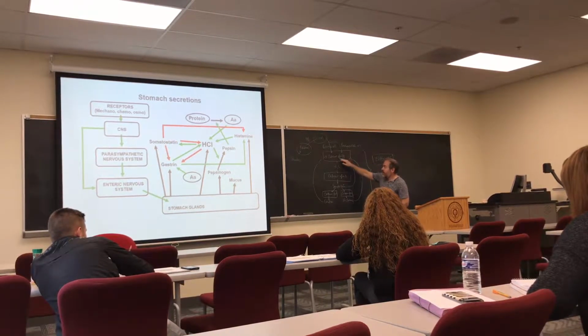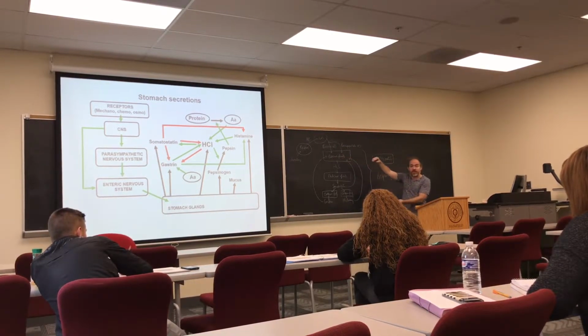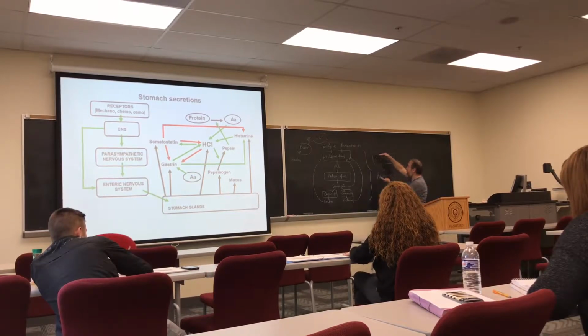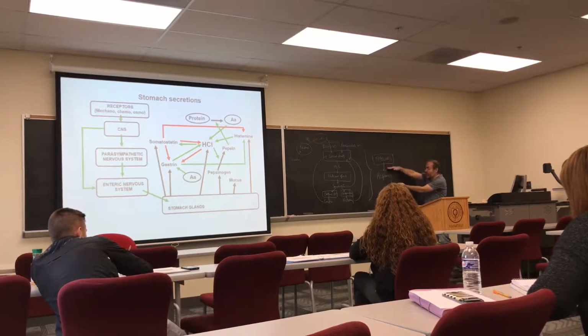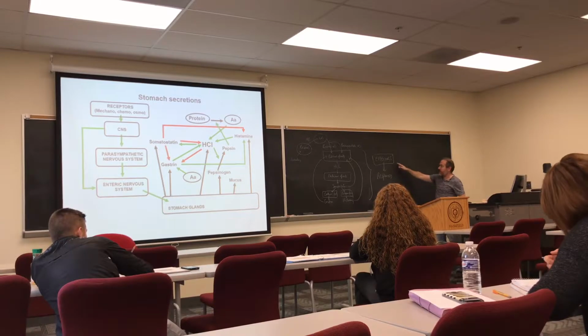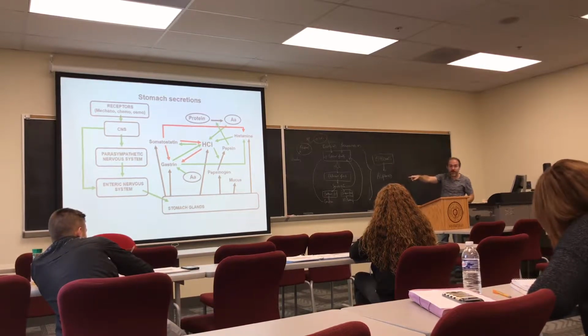The specific response of the chief cells is to secrete hydrochloric acid, all right? And you can see that this is very complicated and all these glands interact with each other. What's the overall response? If you want to reduce all this to that, what would you write down? So the effectors are going to be stomach glands, right?